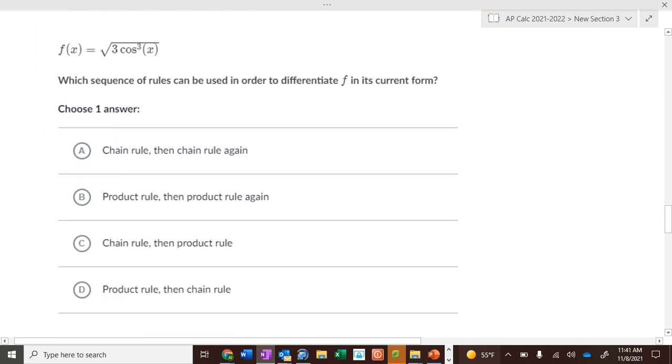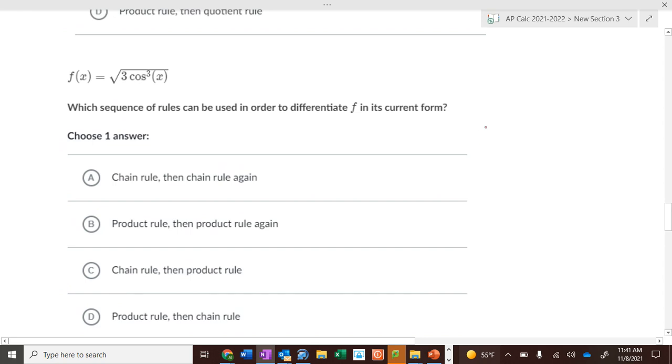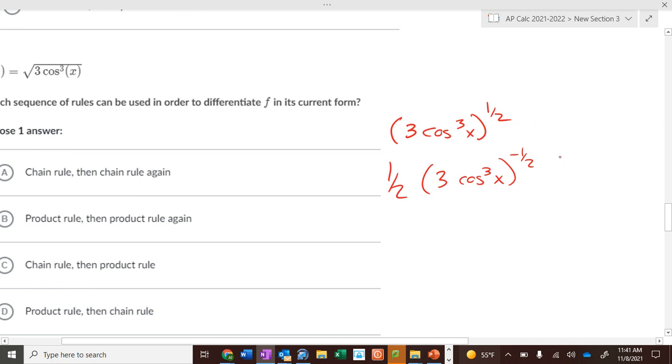Okay, the next one. We're inside a square root. So what we've got going on is 3 cosine cubed of x to the 1/2 power. So when you take the derivative of it, you're going to go 1/2 times 3 cosine cubed of x to the negative 1/2 times the first derivative of the inside.